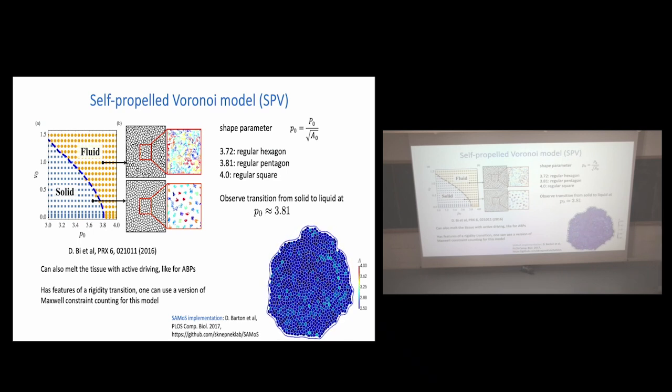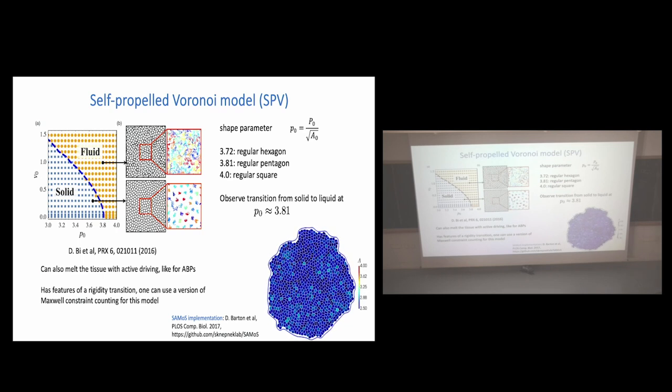These are all confluent tissues. These all have packing fraction effectively 1 because there are no holes in between. Here's an example. This is one of our codes, and you can see this is a liquid phase somewhere around here. So starting with the p0 which is lower, but then driven into the liquid phase by activity. So as you can see, it makes actually a pretty good looking type of tissue.